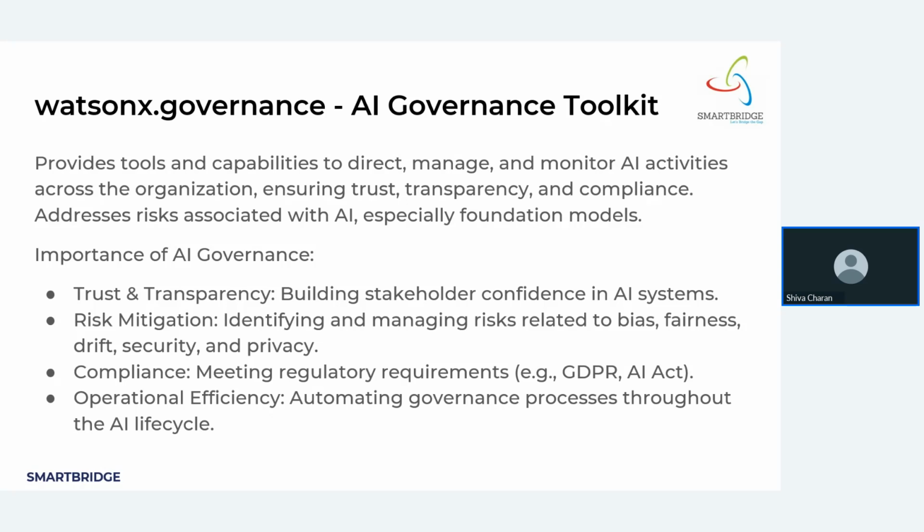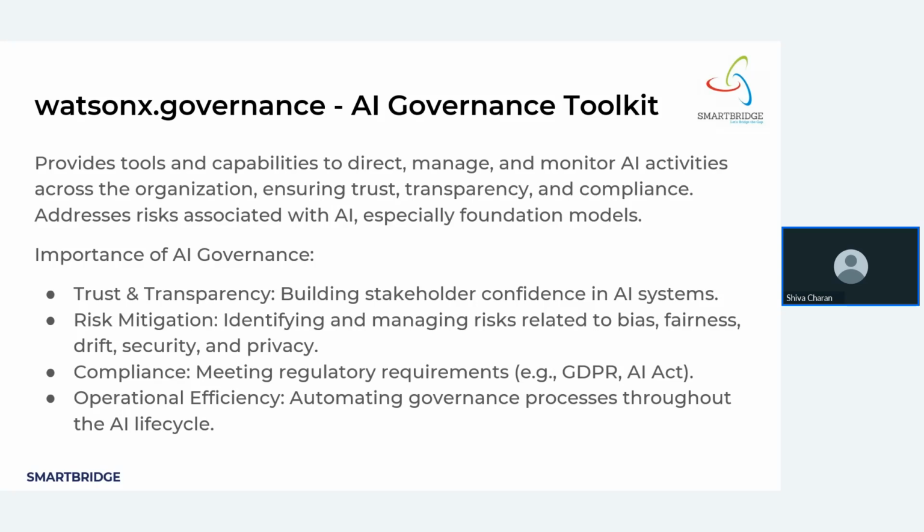Building stakeholder confidence in AI systems. Risk mitigation is identifying and managing risks related to bias, fairness, drift, security, and privacy. So if there is any bias, whether fairness is being followed in the response, and whether there is drift in the response, all these things will be identified and managed.